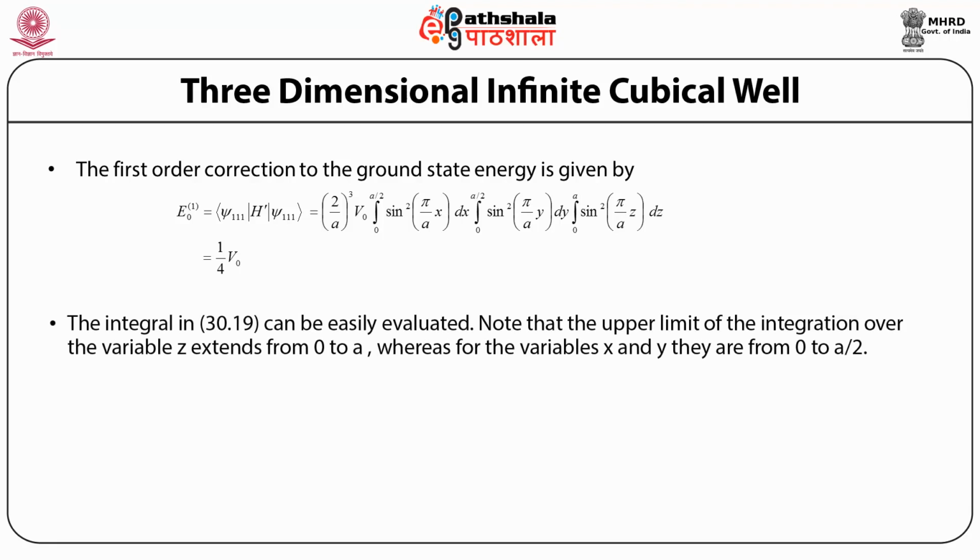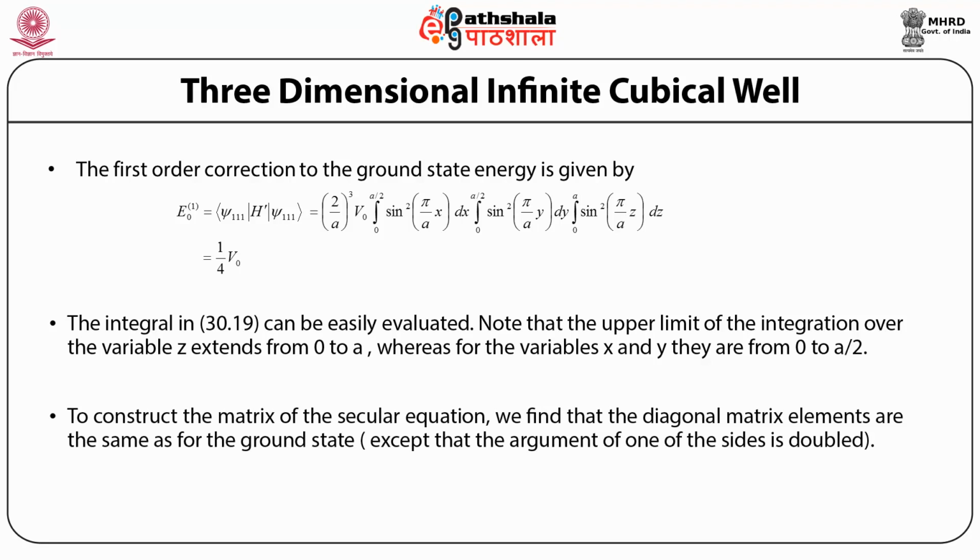The integral in 30.19 can be easily evaluated. Note that the upper limit of the integration over the variable z extends from 0 to a, whereas for variables x and y, they are from 0 to a by 2.